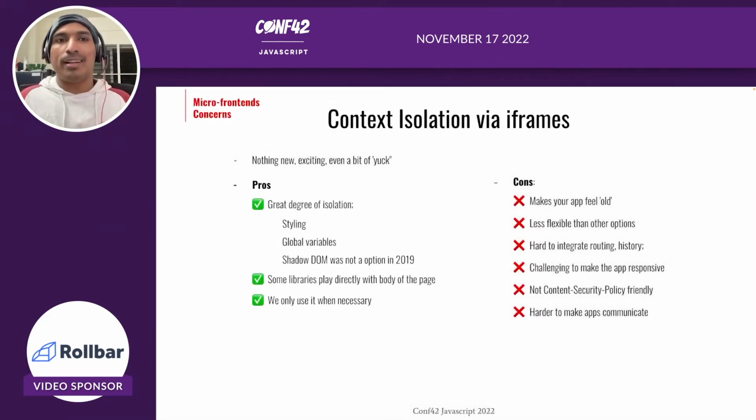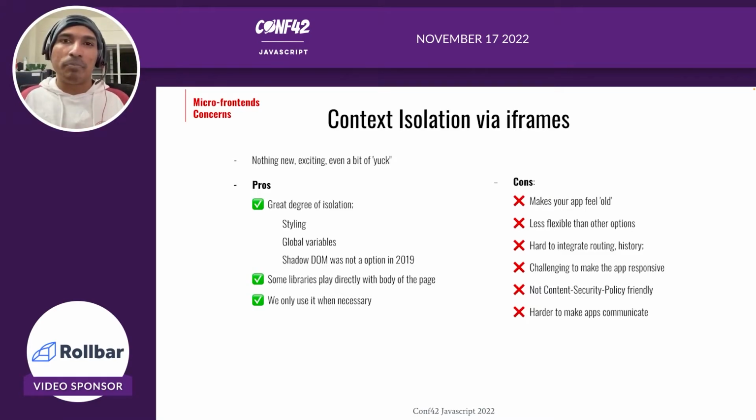But there are other concerns with using these iframes as well. Iframes are not something new, right? It's a very age-old approach, and at this point, at this evolution of technology, I feel that nobody will prefer to use iframes.